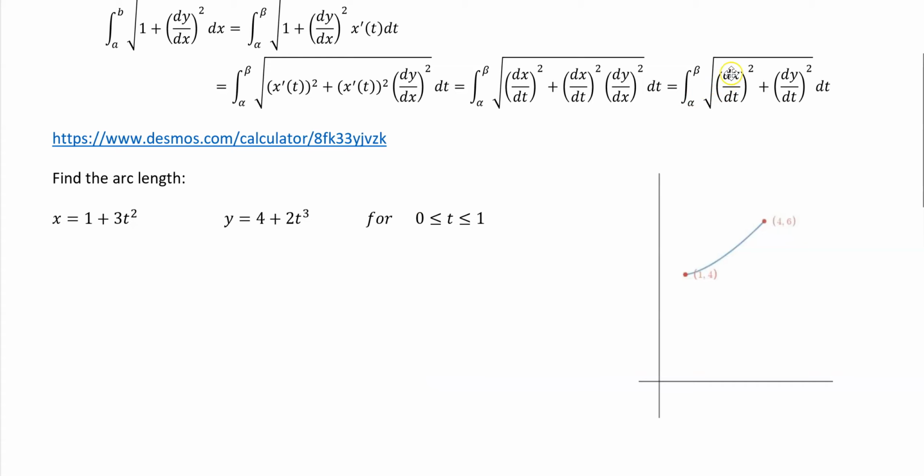And so we're going to square the derivative of x, square the derivative of y, and then square root it. So dx dt equals 6t, dy dt equals 6t squared. And then we need to square it.